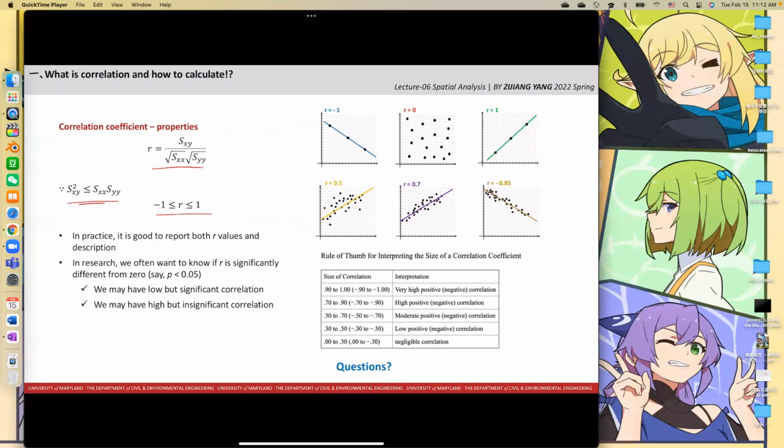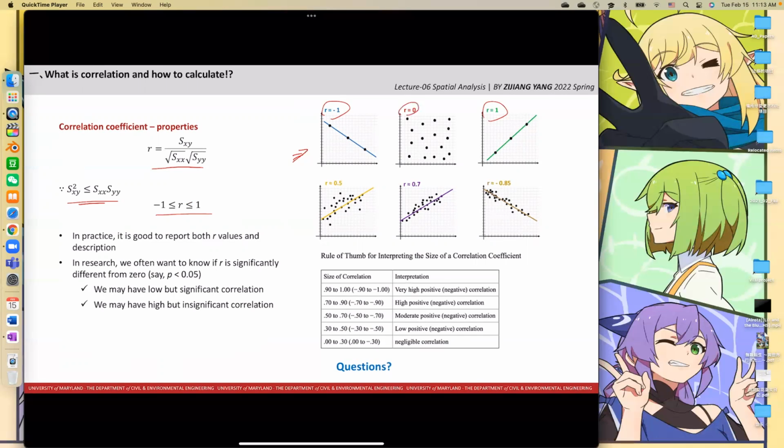Its values show different meanings, which I think you are familiar with. When the correlation coefficient, small r, is -1, they are perfectly correlated, negatively correlated. And if it equals 1, then they are perfectly positively correlated.